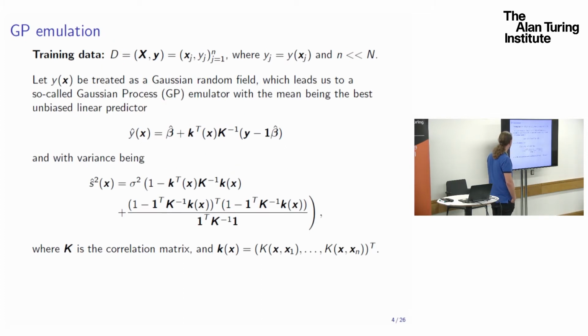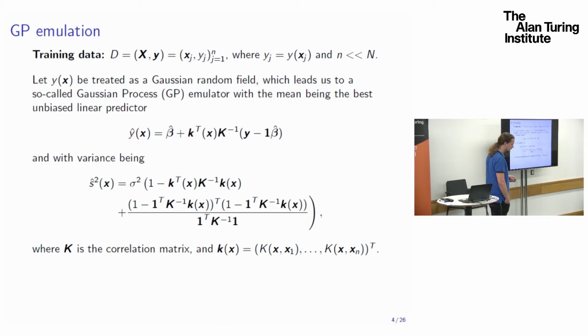The training data is denoted by D, and that consists of a matrix X where each row is one of the design points. The corresponding y's would be the outputs, which are scalar. We want to create an emulator based on some small n of the simulator runs.